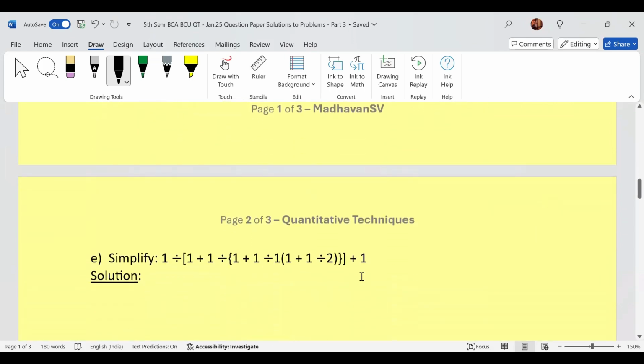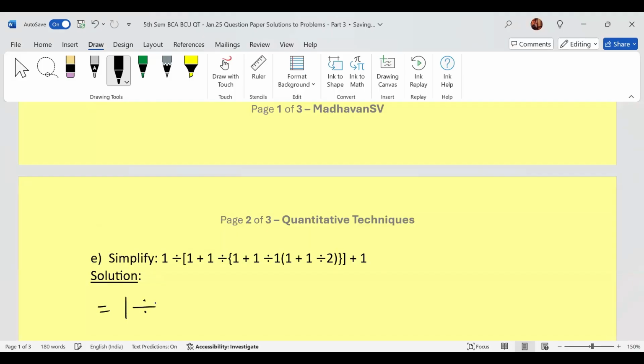Simplify this expression 1 divided by, within box brackets, 1 plus 1 divided by flower brackets, 1 plus 1 divided by 1 within brackets, 1 plus 1 divided by 2, close the brackets, then your flower brackets, then your box brackets, finally 1. First, we need to focus on the innermost brackets.